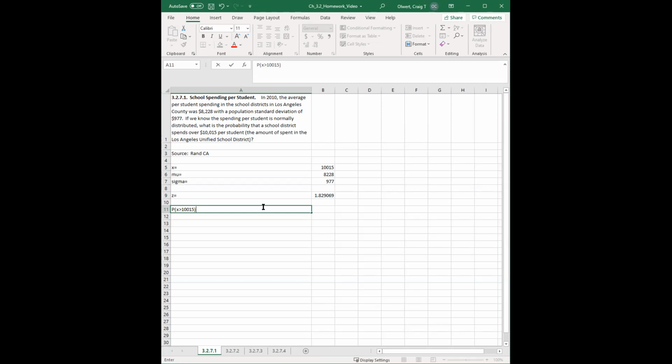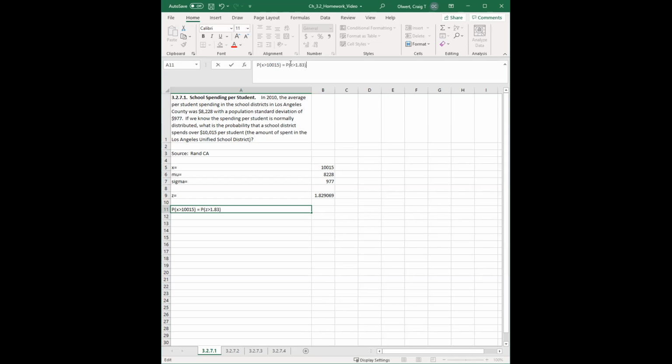However, if I want to use the standard normal distribution table, I need to convert that into the probability that Z is greater than 1.83.